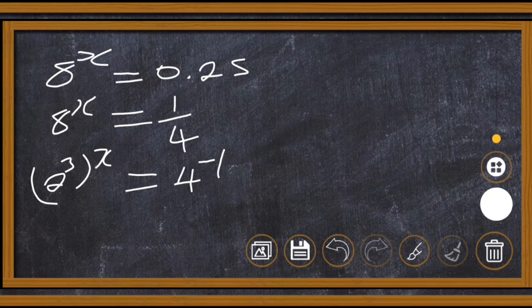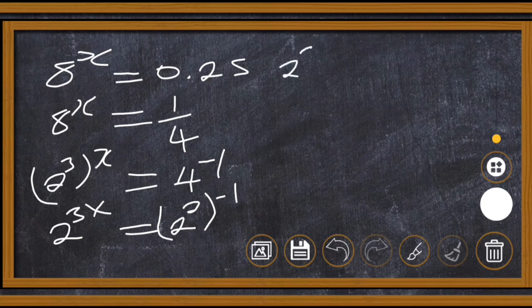So in this case here, when we multiply 3 by x, we're going to have 2 power 3x, and then this equals to, this 4 we know is the same as 2 power 2, and then outside there we have negative 1. So let's simplify this further. We have 2 power 3x equals to, now when we multiply this 2 with negative 1 here, we're going to have negative 2.